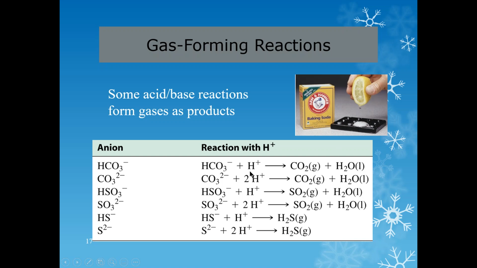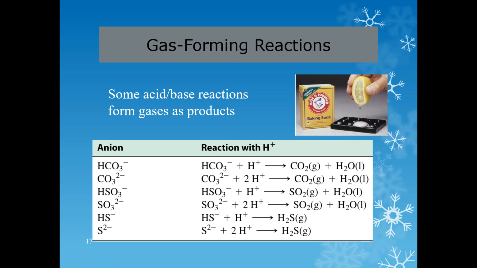And a demonstration of that is shown here in this picture. So what this person here is doing is squeezing lemon juice onto sodium bicarbonate, which contains a bicarbonate ion. The lemon juice contains an acid known as citric acid, which provides the H plus ion. So basically, if you were to do this reaction, and you can do this at home, and you can also use vinegar instead of lemon juice because vinegar contains an acid as well, acetic acid, which does the same thing.